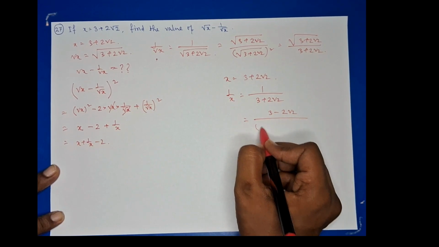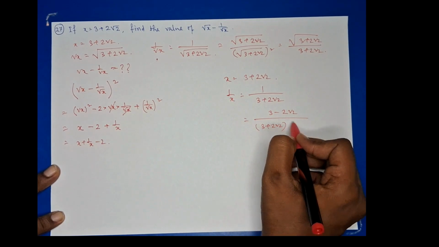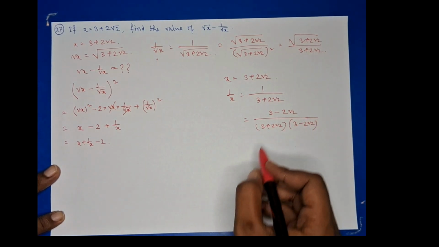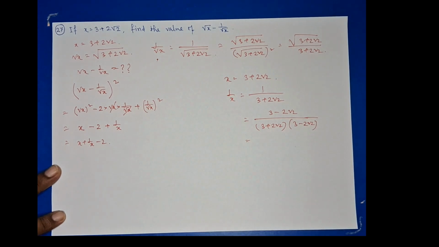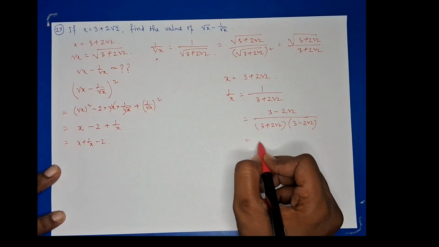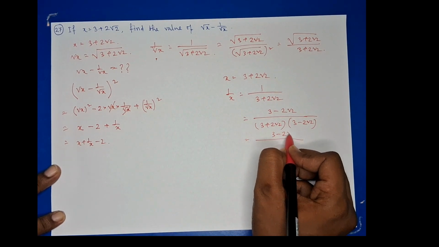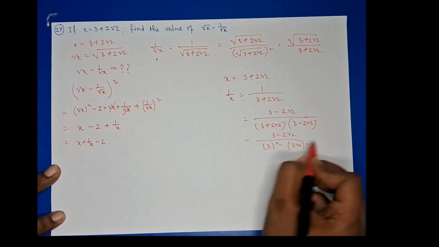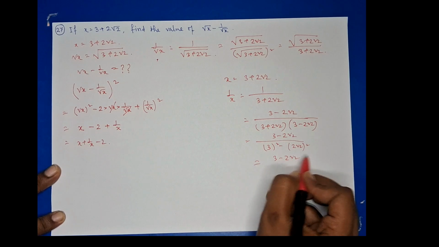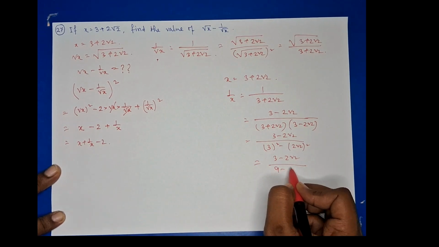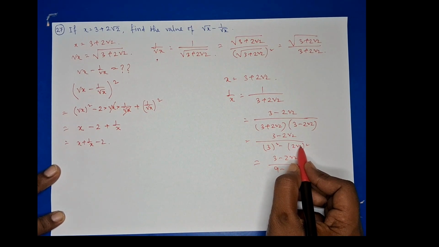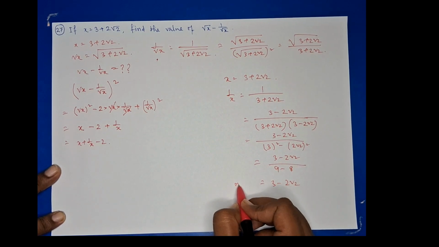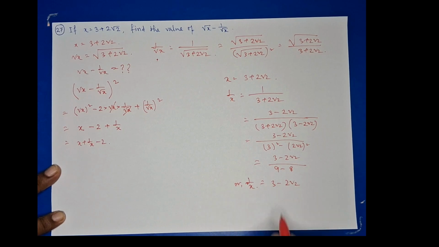This will be 3 minus 2 root 2 by 3 square minus 2 root 2 square. So 3 minus 2 root 2 by 3 3 is 9 minus 2 2 is 4, 4 2 is 8. That means 3 minus 2 root 2.